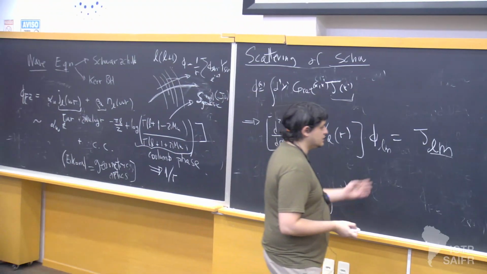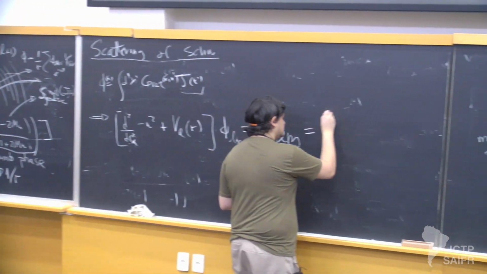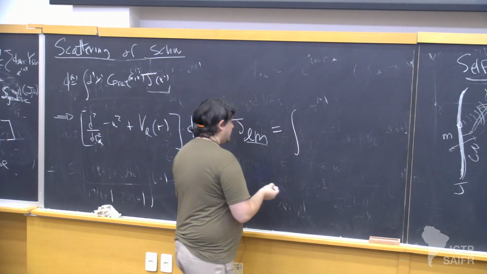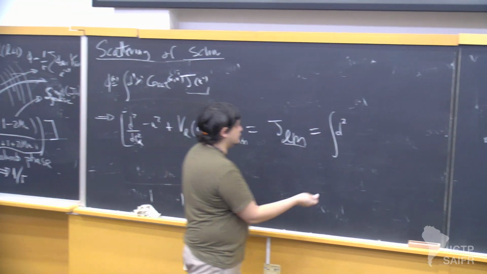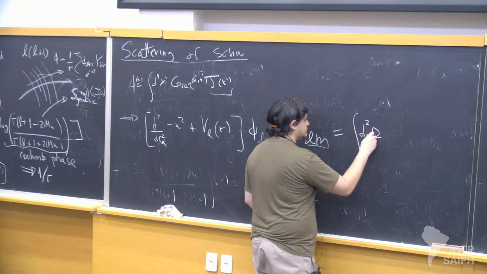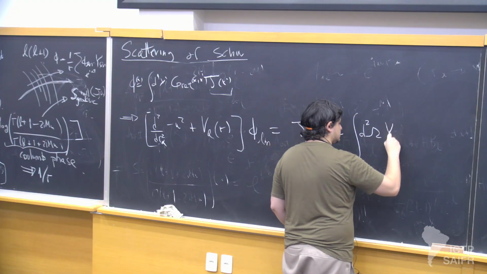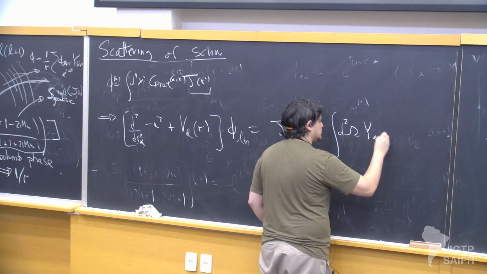Let me remind you how this J_LM is defined. You have to do an integral over the sphere, and you have to smear it with a spherical harmonic.